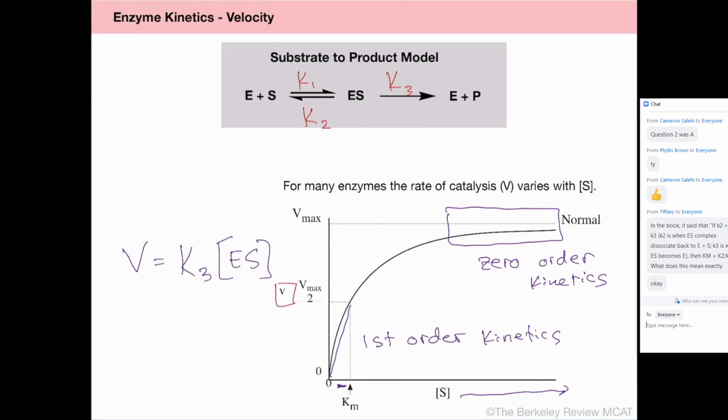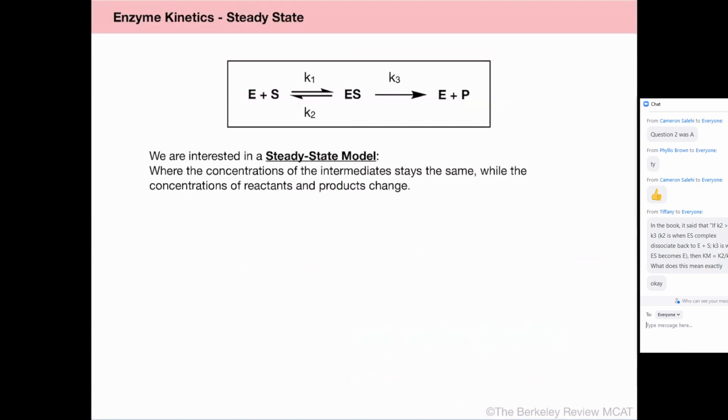We want to look at what velocity really means, what the Vmax really means, what Vmax over 2 really means, what Km really means, what substrate concentration really means. So now we're going to go through that. All right, so here's our little simple model. And what model are we interested in? We are interested in something called a steady state model.